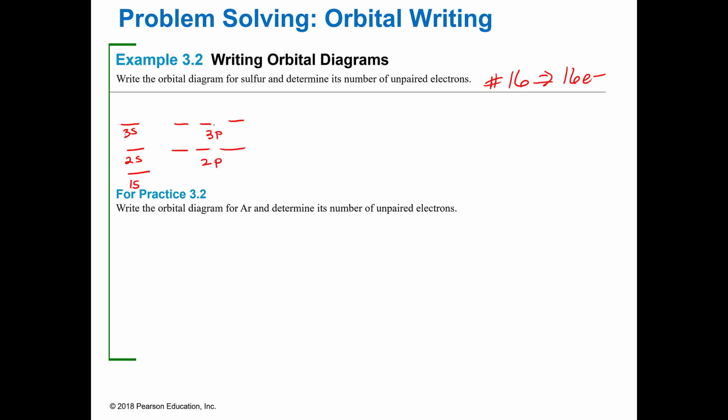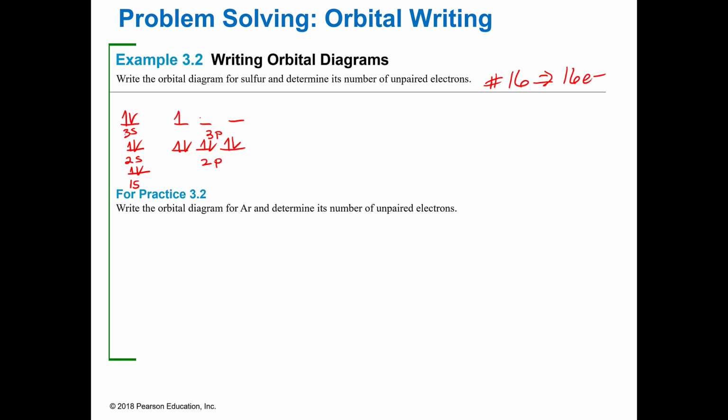So then I fill in my electrons using my Aufbau, my Hund's rule, and all that. So I put 2 in this and 2 in that, and then I fill these up one at a time, and then this one fills, and then that is 16.